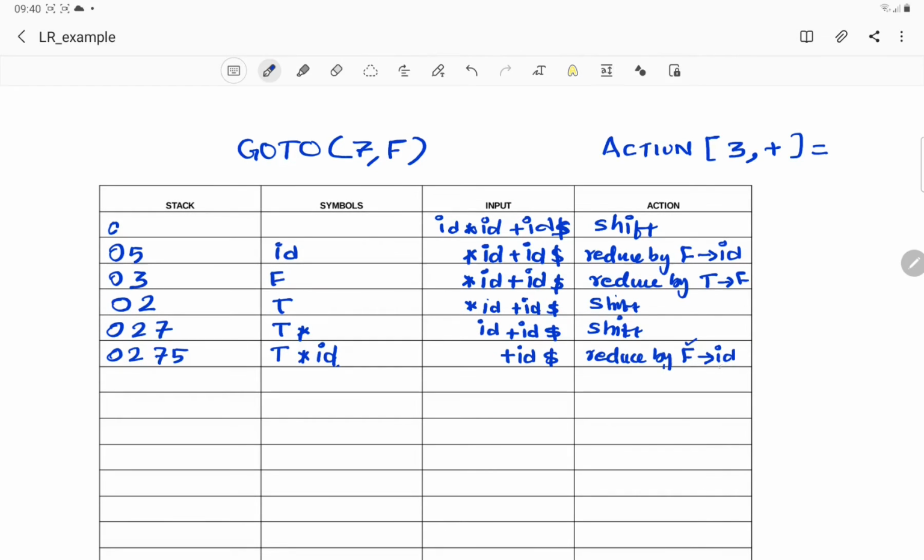We compute the length of the right hand side, that is only one symbol, and pop that much of the stack.